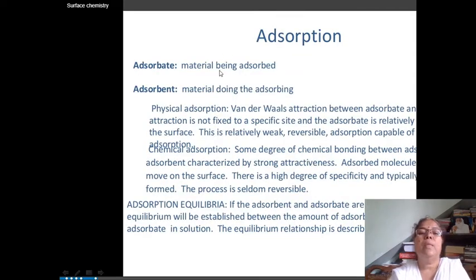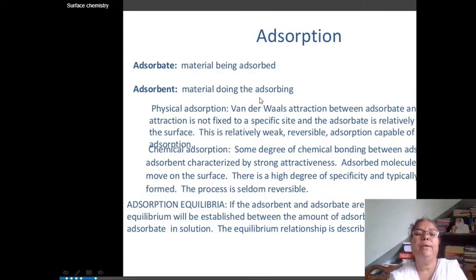Here, adsorbate is the material being adsorbed on the surface. It is called the adsorbate. Then adsorbent is the material on which adsorption takes place, or the material doing the adsorbing process.